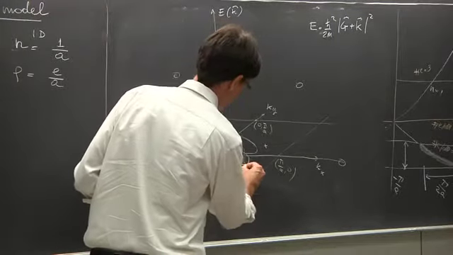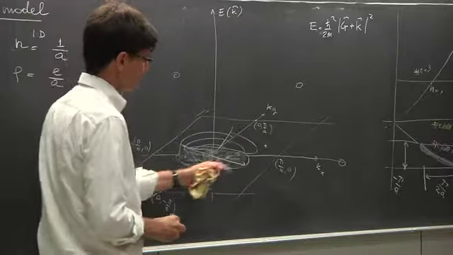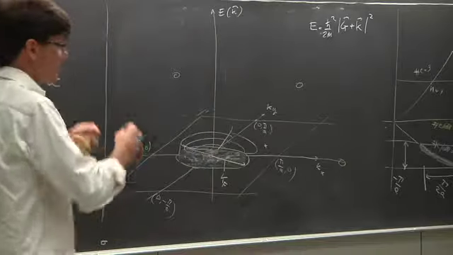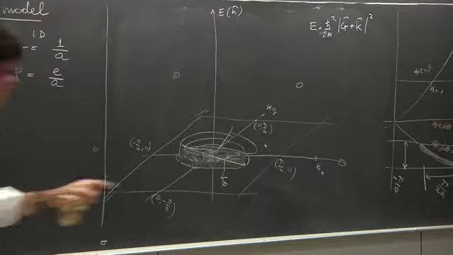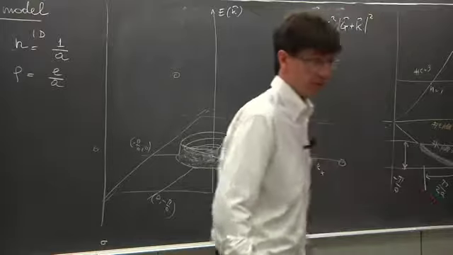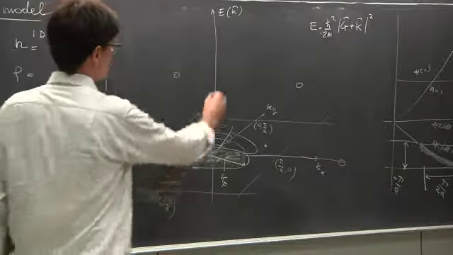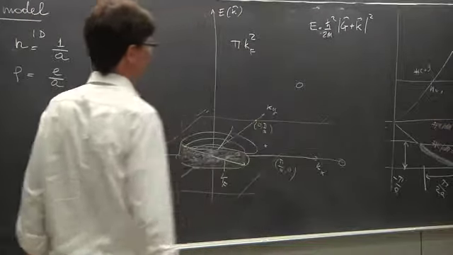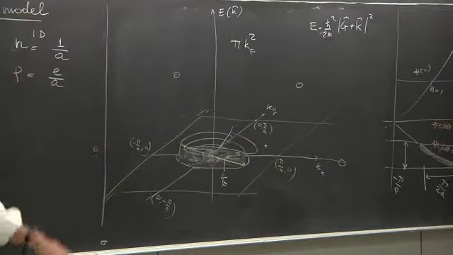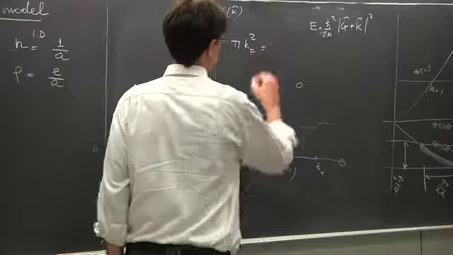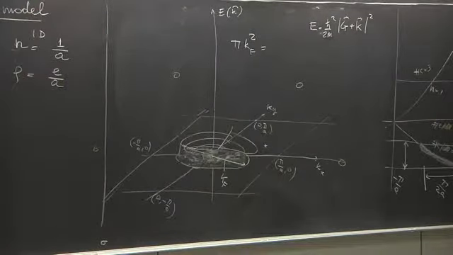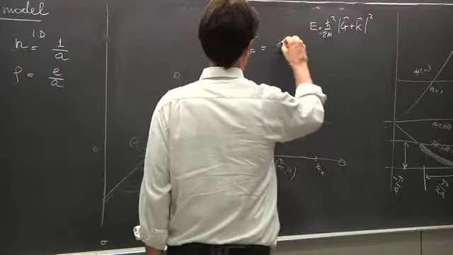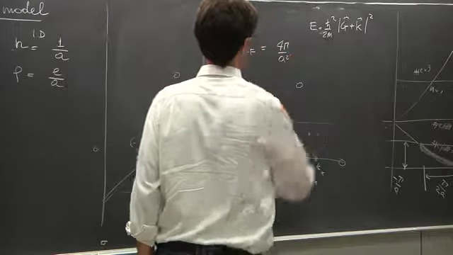Let me call this K the Fermi vector, so let me give it the name Kf. It's the vector where I have to stop. It's this vector, right? The analog of this vector here. So the condition will be that pi Kf squared, which is the area of that circle, is equal to the area of the whole Brillouin zone, which is 4 pi squared over a squared in 2 dimensions.